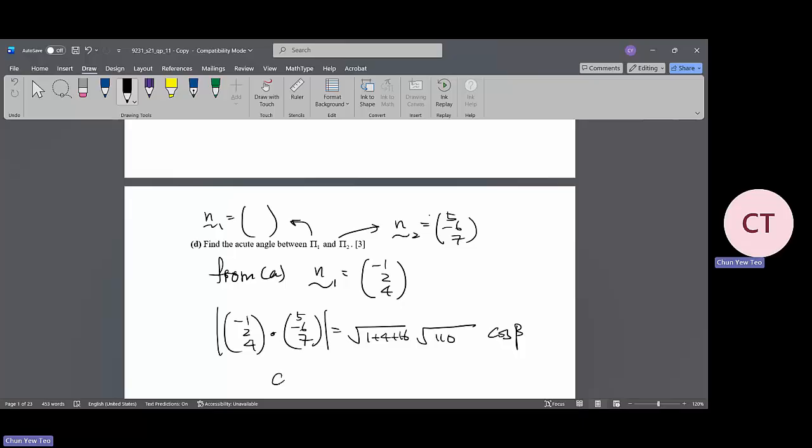So our cos beta is equal to the modulus of negative 5, negative 12 plus 28, divided by square root of 21, square root of 110. Press a calculator and you get beta is 76.8 degrees. Done. This will be the answer for question 6D.